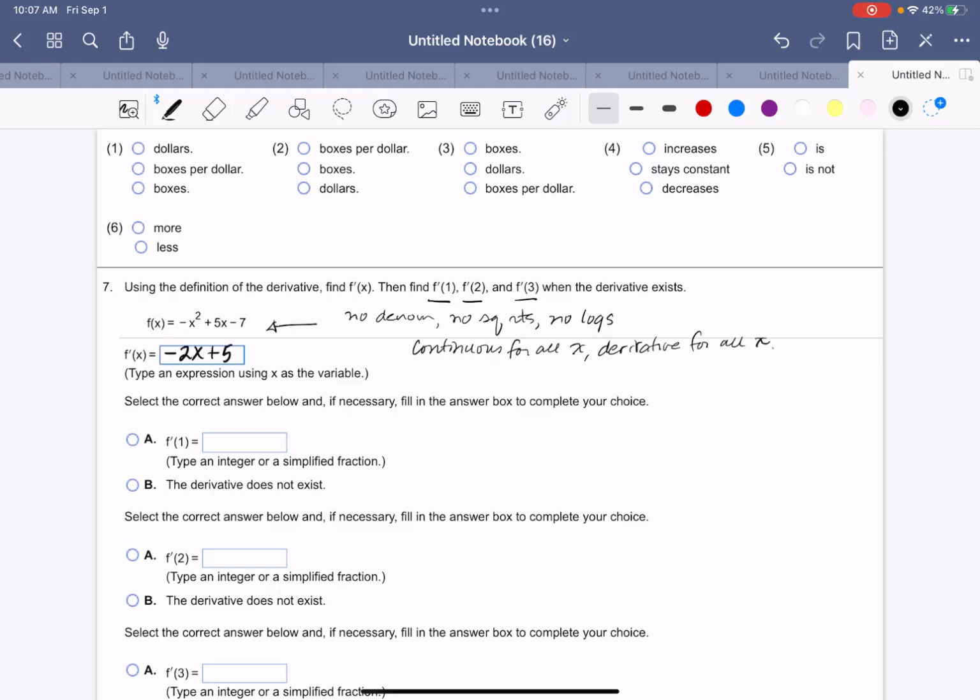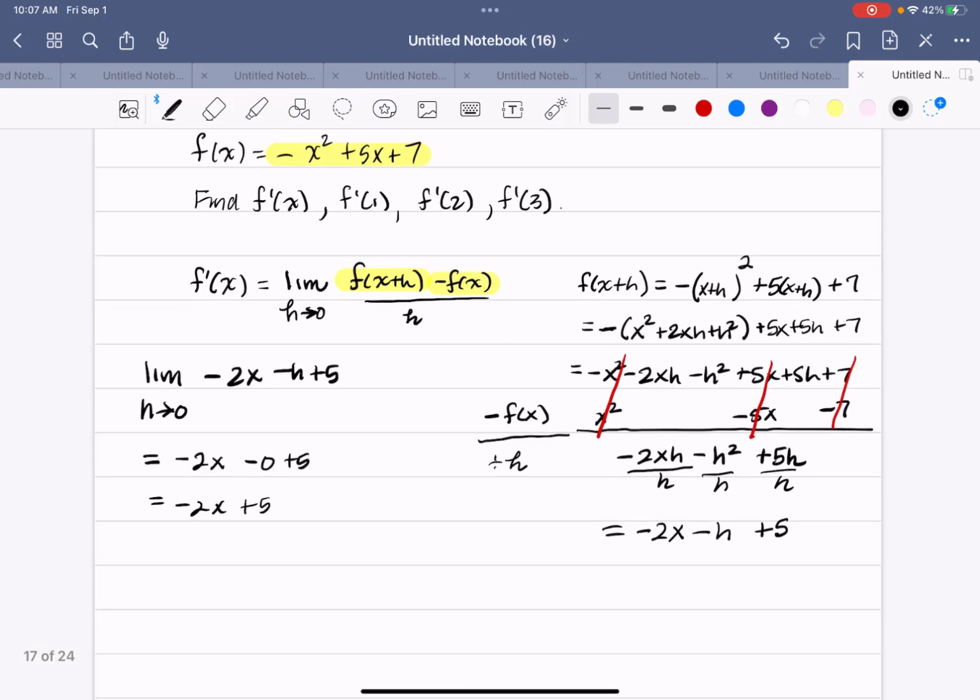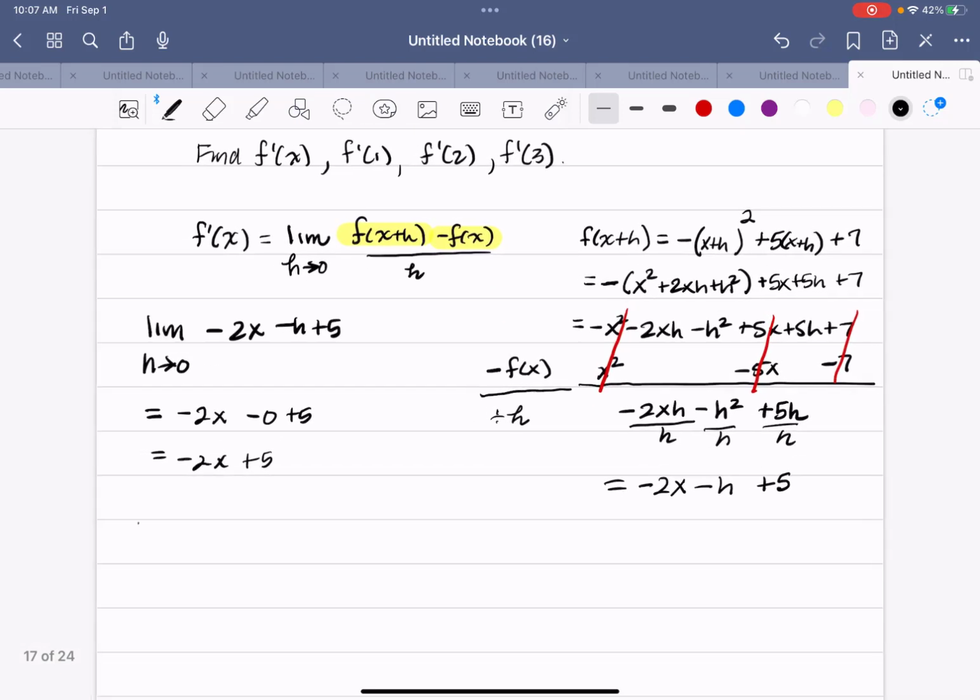So now that I have the formula, I can do f prime of 1 by substituting a 1 for x. I can do f prime of 2 by substituting a 2 for x, and I can do f prime of 3 by substituting a 3 for x in the derivative formula. So f prime of 1 is negative 2 times 1 plus 5.